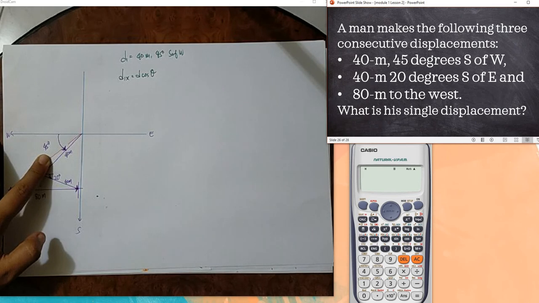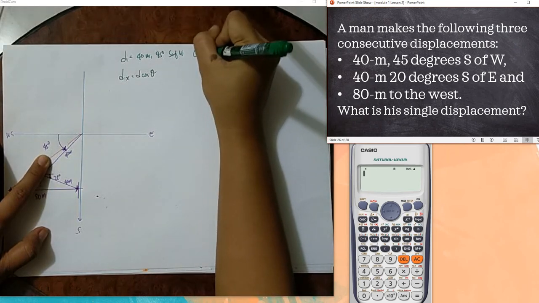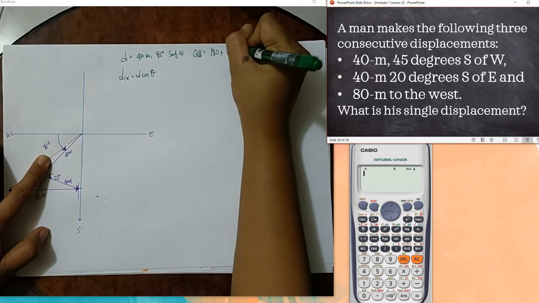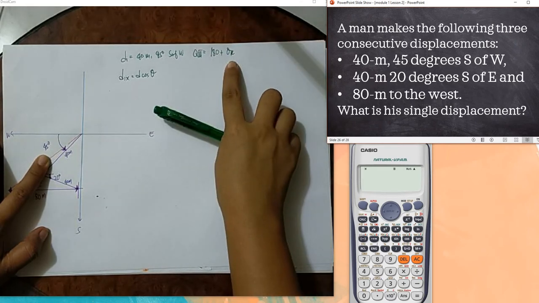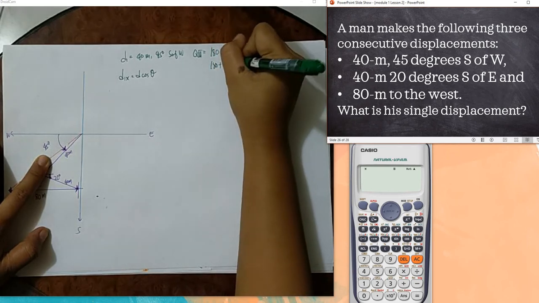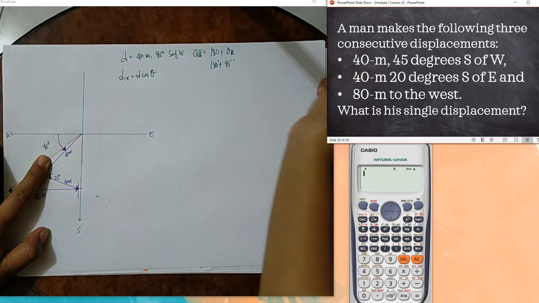So what is the final angle that we should use? Since it is located on the third quadrant, let us have this one, Q3. We're going to add our reference angle to 180. So we have 180 plus 45 degrees. There it is.